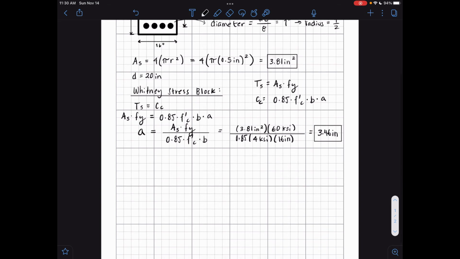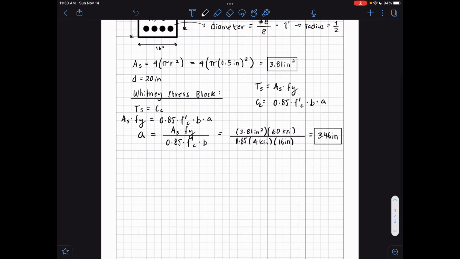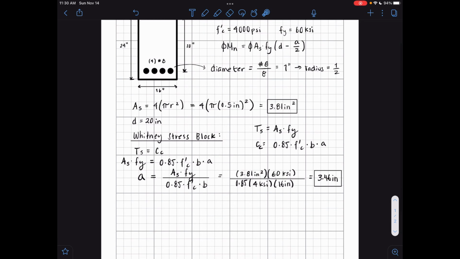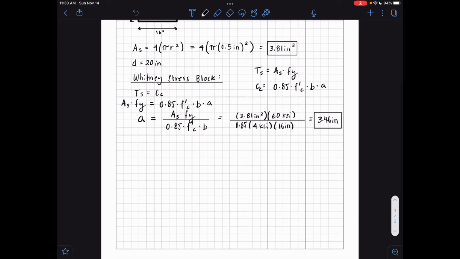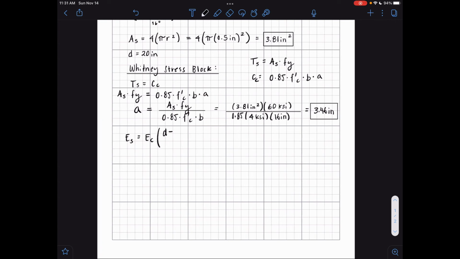And next we need to determine what phi is. So we're interested in determining this variable here. Phi is the reduction factor, and we can find out what phi is by looking at epsilon s over epsilon c. Epsilon s is equal to epsilon c times (d minus c) over c.